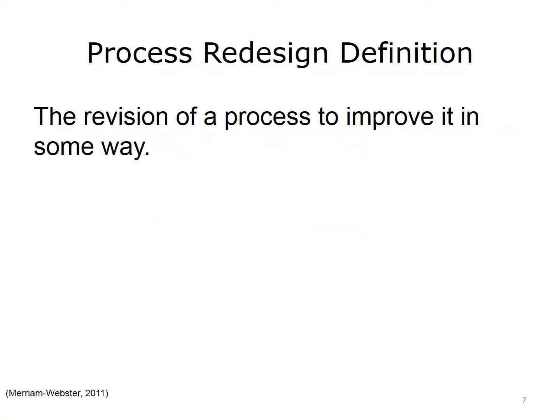Merriam-Webster, 2011, defines redesign as to revise in appearance, function, or content. Process redesign, then, is the revision in appearance, function, or content of a process. The reason why we analyze a process is to improve it. The improvement is achieved through process redesign. A significant amount of process redesign in healthcare today involves the introduction of electronic health records, EHR.